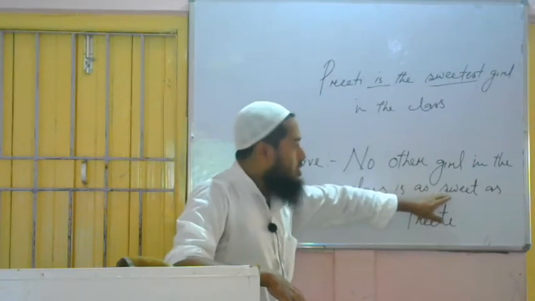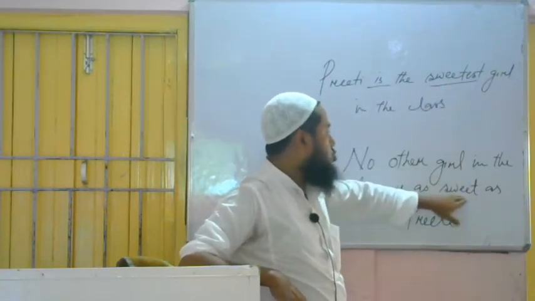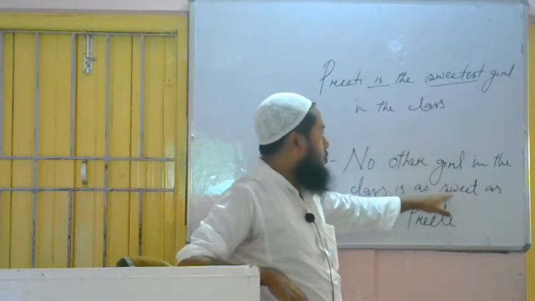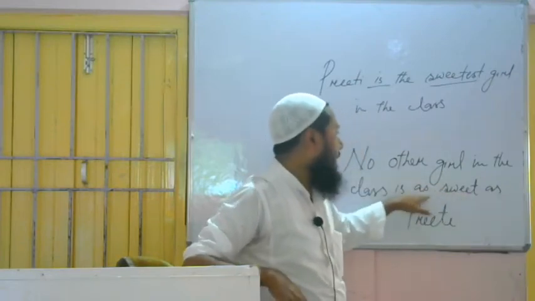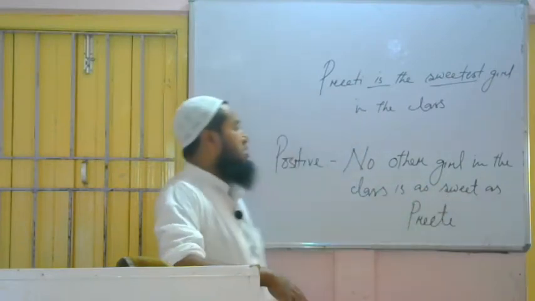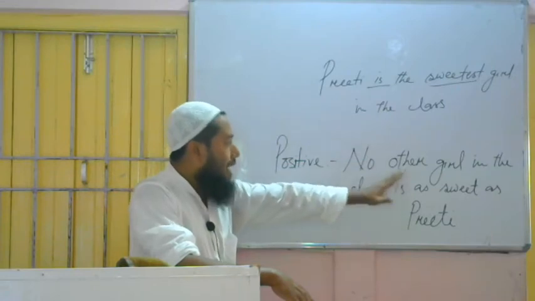How have we made this one positive? We use the positive degree of the sweetest, it is sweet, and before the positive degree of the adjective we have to use as, and after the positive degree of the adjective we have to use as. We have used as, so it has become positive degree. From superlative to positive, we have to use no other. So no other girl in the class is as sweet as Preeti.